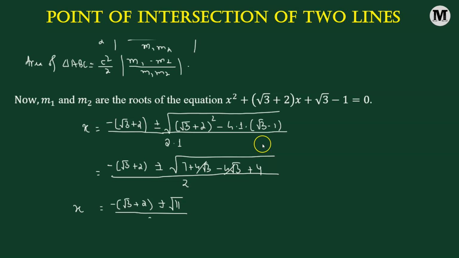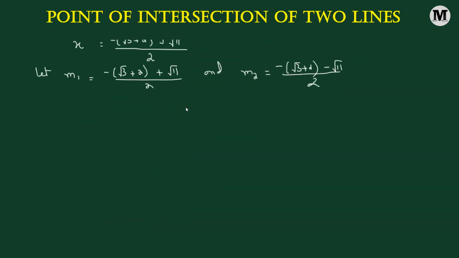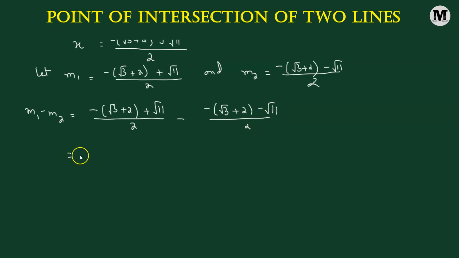Now in order to find out the area of the triangle, what we need is the difference of the two roots, m1 minus m2, and we also need the product of the two roots. So let's first find out m1 minus m2. So we have negative square root of 3 plus 2 added to square root of 11 divided by 2, minus, negative square root of 3 plus 2 minus square root of 11 divided by 2. Our common denominator is going to be 2.